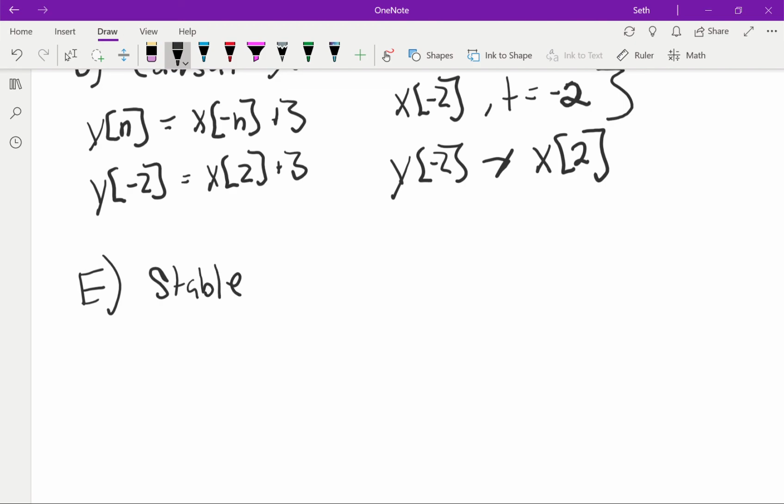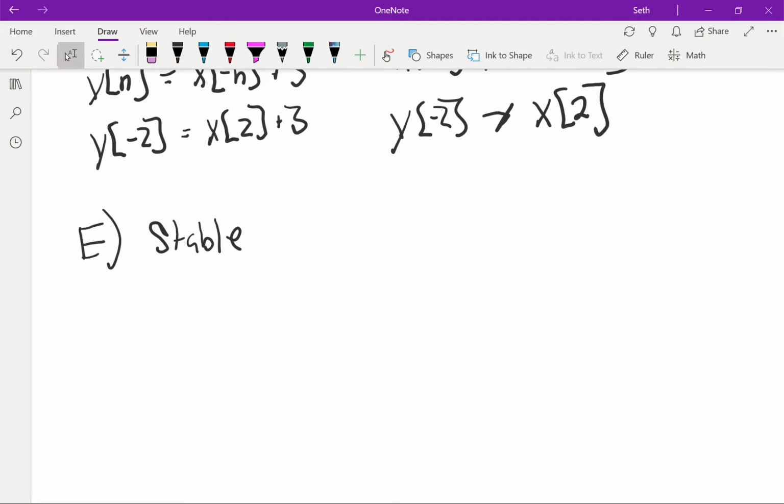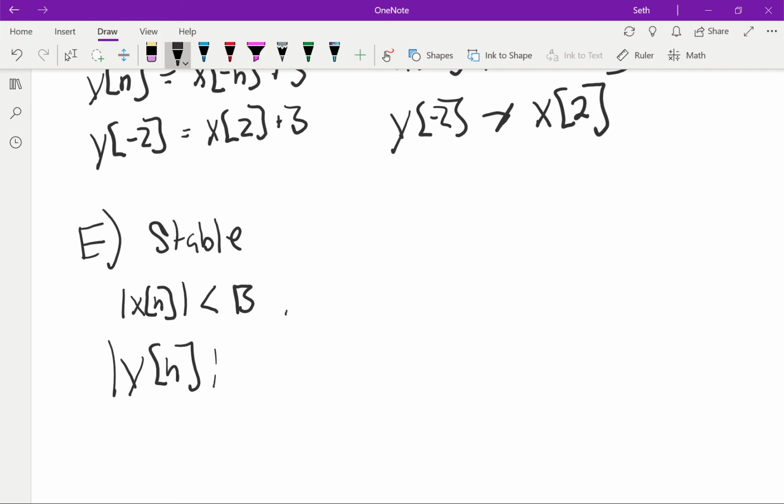And our condition for stability says that if x of n, our input, is bounded by some upper limit b, then our output y of n also needs to be bounded.